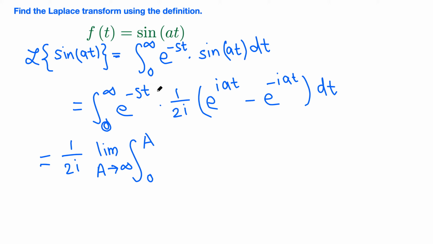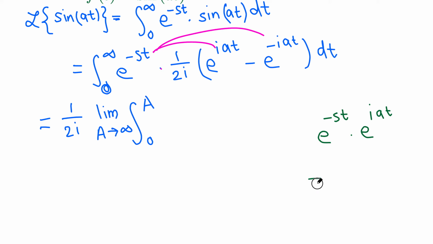Now I would like to multiply. Here e to the negative st times the first term, e to the iat. This integration is in terms of t, so when we multiply, we add the exponents: this one plus this one. At the same time, I want to factor t out, so negative st is plus iat, but factoring out, it is minus s minus ia, times t.